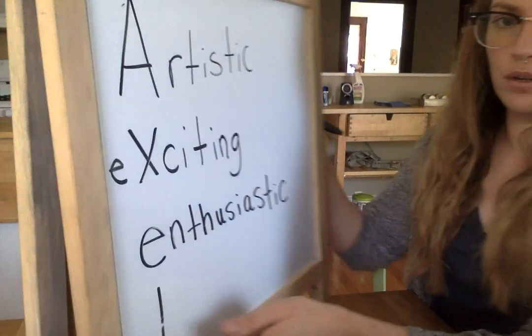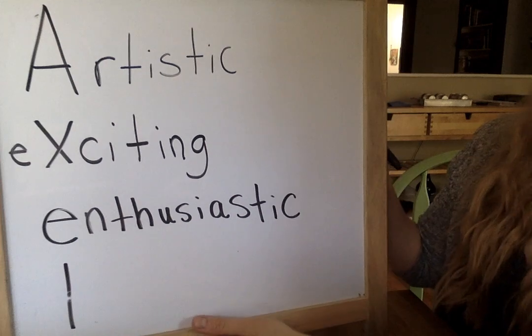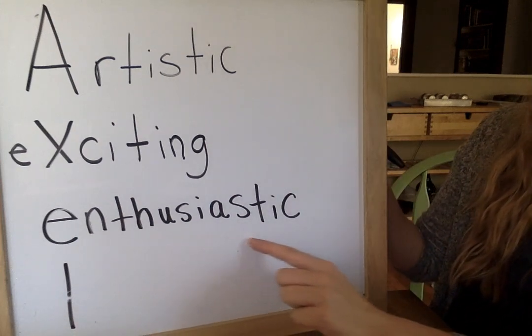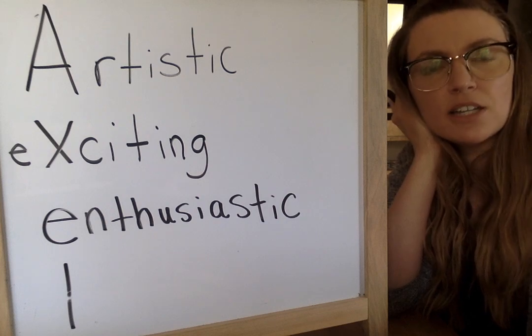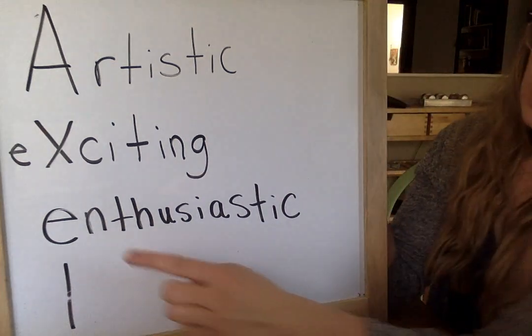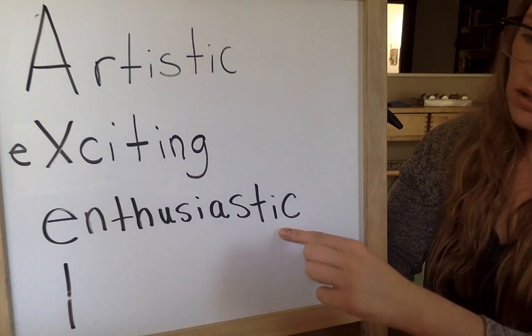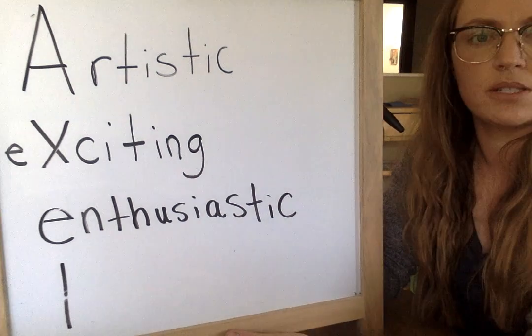All right, now the word that I came up with is a doozy. Enthusiastic. Can I hear you guys say that at home? Enthusiastic. Oh, that was beautiful. Now, if you're enthusiastic, it means that you're very excited about something.